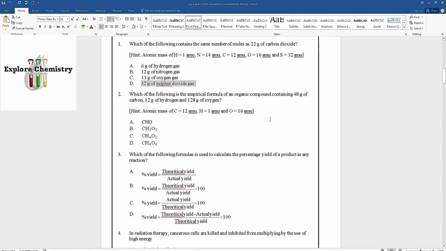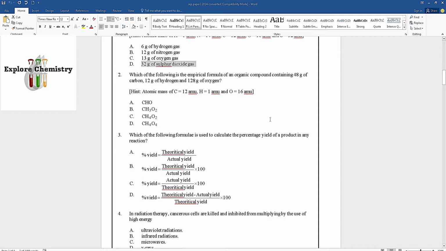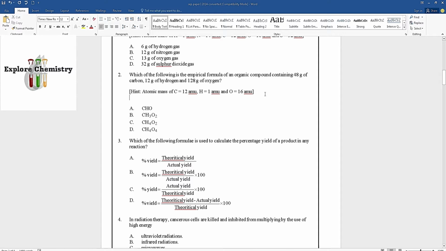Number 2, which of the following is the empirical formula of an organic compound containing 48 gram of carbon, 12 gram of hydrogen and 128 grams of oxygen? So you need to calculate the empirical formula. For calculating empirical formula, you need to calculate the number of moles of all elements. So here we will calculate carbon moles.